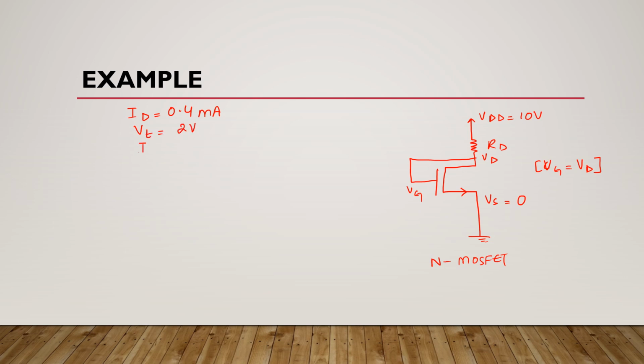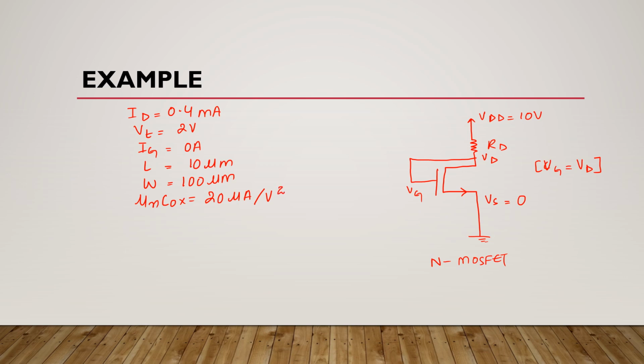We know that gate current is 0 amperes, and here length is 10 micrometer, width is 100 micrometer, and this term is equal to 20 microamperes per volt square.